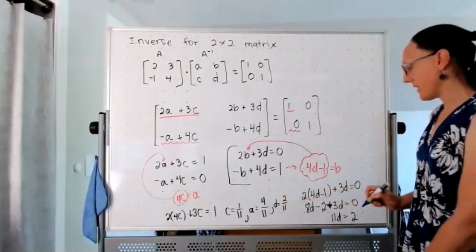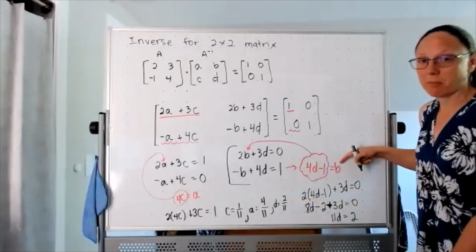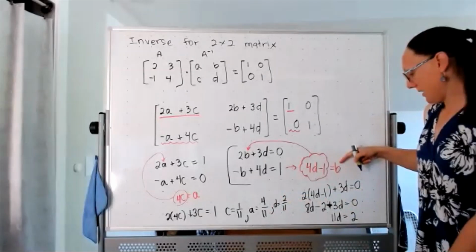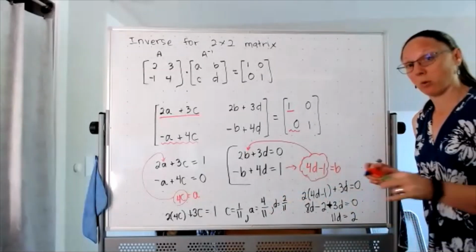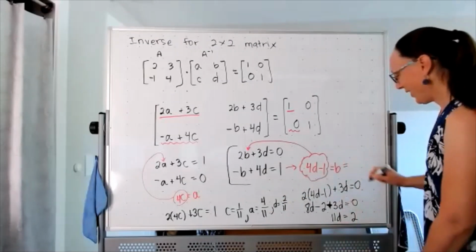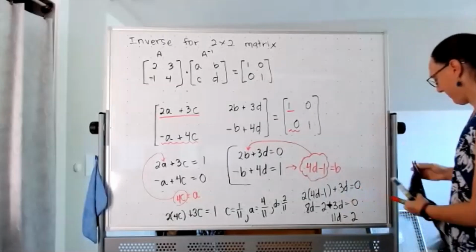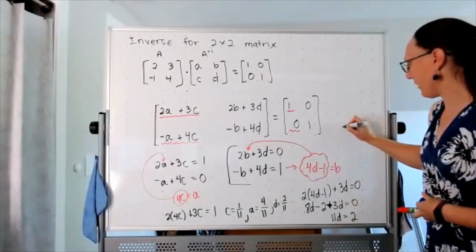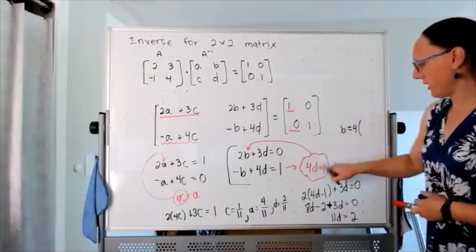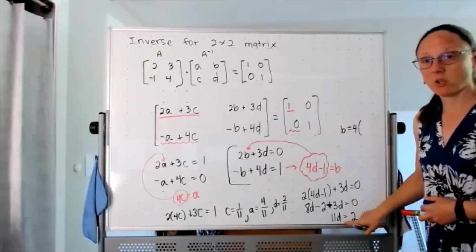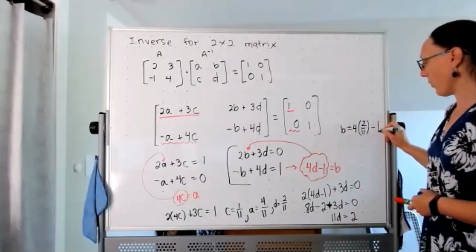Well, if that's what d is, then we can plug that back in here to get b. Can I do that in my head? I do not trust myself to do that in my head. I'm going to write it out. So now I know that, give myself a little bit of space, b has to be equal to 4 times what we just got for d, 2 over 11, minus 1.